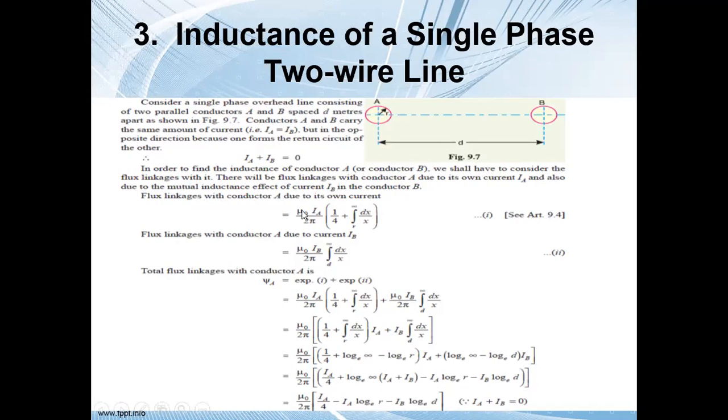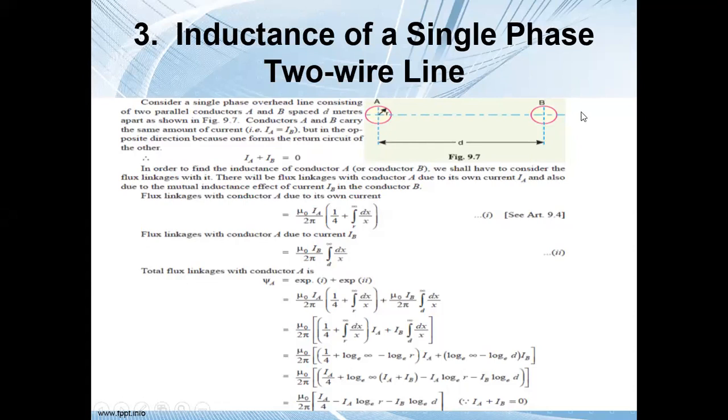So that's why it is mu naught Ia by 2 pi times 1/4 plus integration R to infinity dx by x. This is the internal component plus the external component. Now there will be some contribution of flux from conductor B towards conductor A. But as we are calculating the flux linkage of conductor A only, it will only contribute towards the external flux.